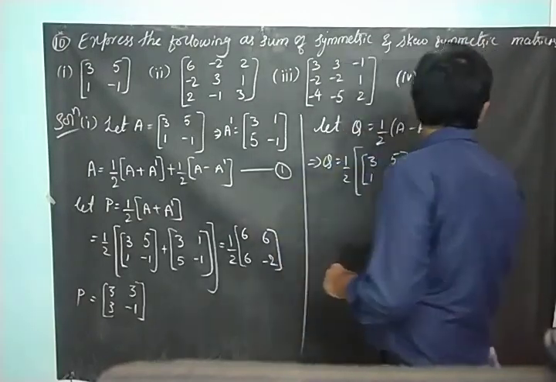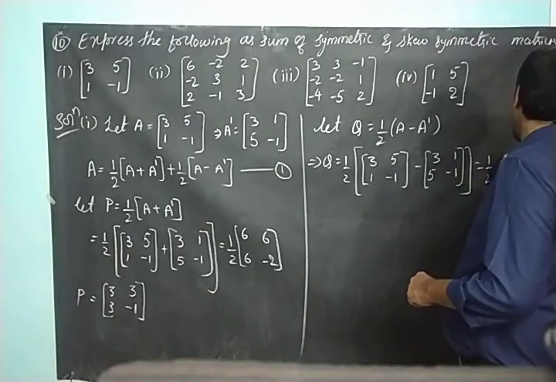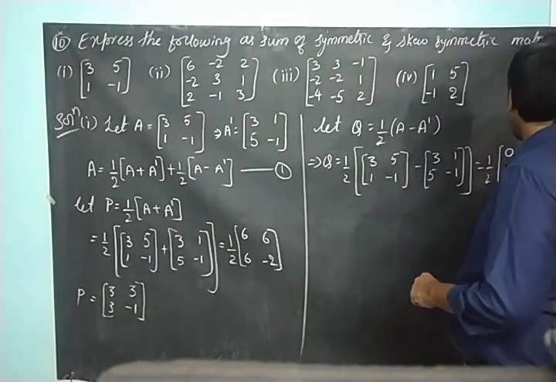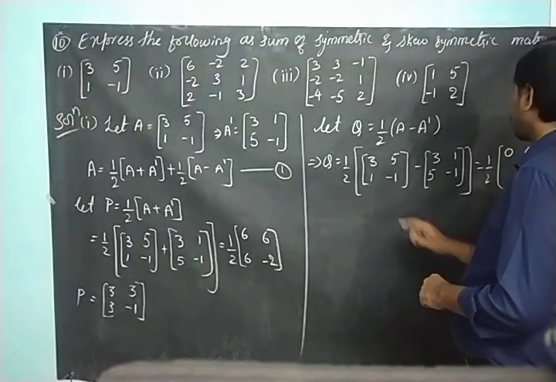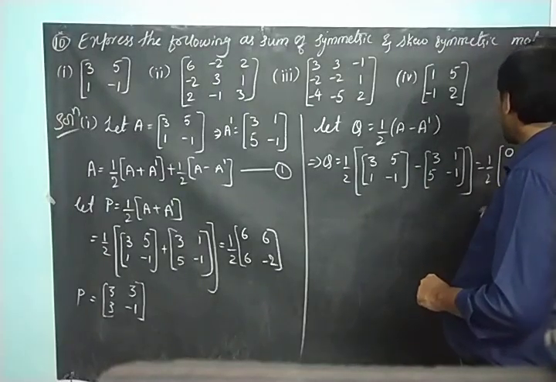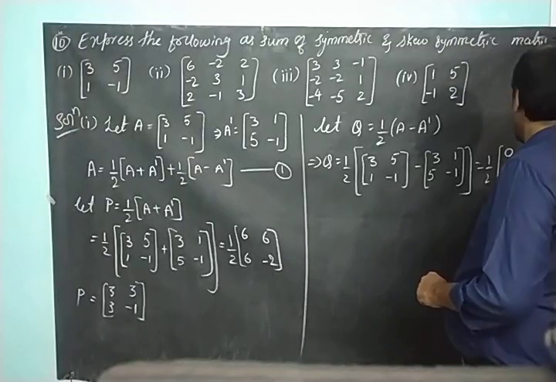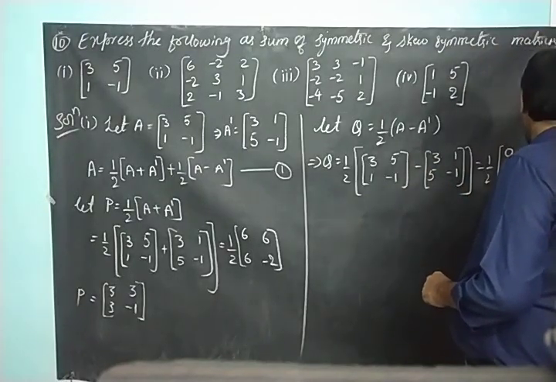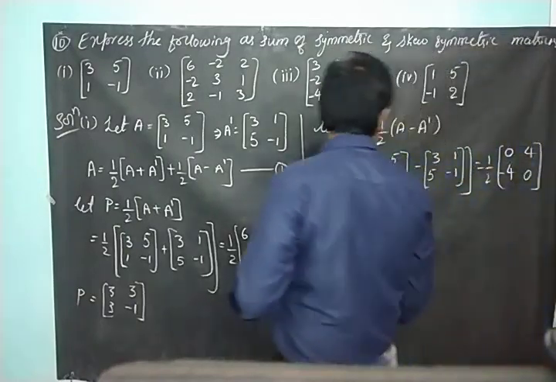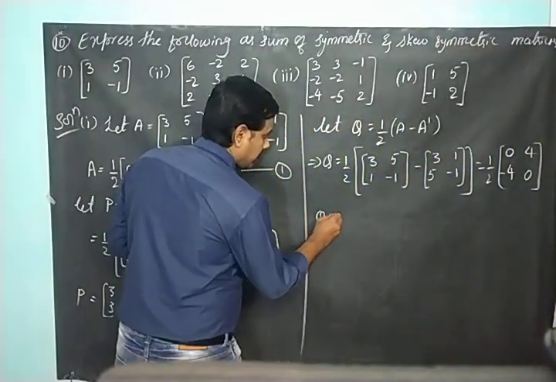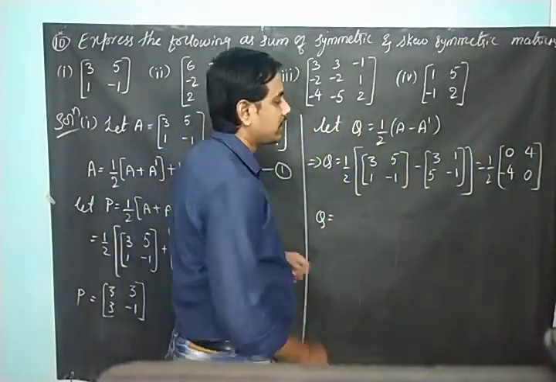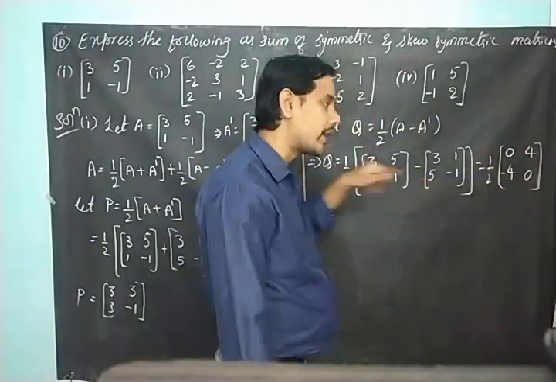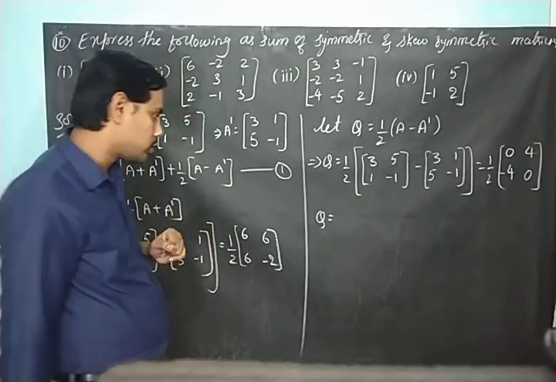Okay. So what will be the value? 1 upon 2 times of 3 minus 3 is 0. 5 minus 1 is 4. 1 minus 5 is minus 4. And minus 1 minus of minus 1 is 0. So Q is what? It is half of this particular matrix. Take half inside, so each and every value will get divided by 2.